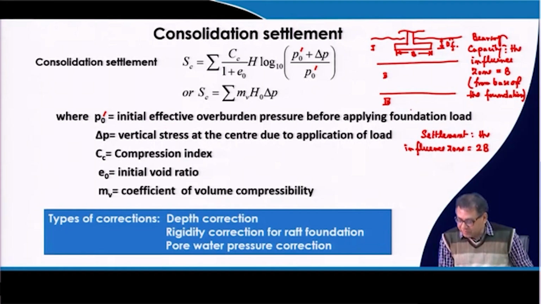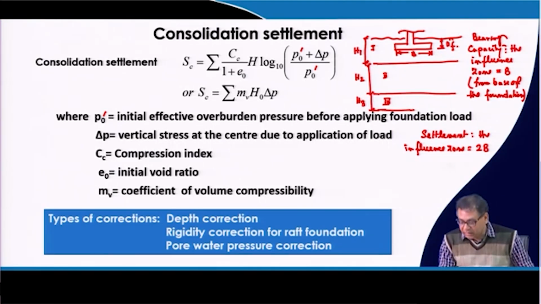Suppose this is your influence zone. This is the thickness of the first layer, say H1, and this is the thickness of the second layer, H2, but I am not considering the total thickness of the third layer, I am considering the thickness only up to the influence zone.